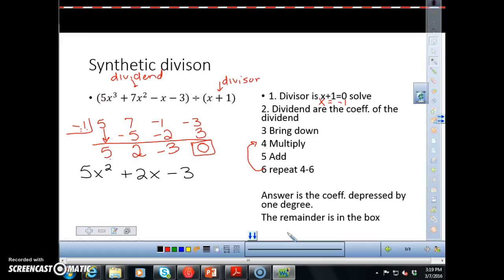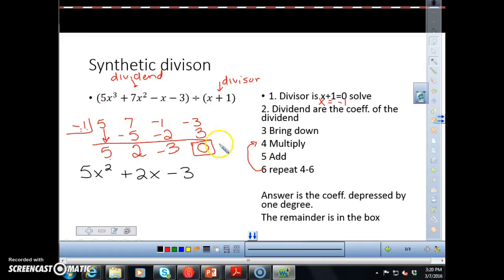This is from the quotient. If it starts at 3, then this is now 2. It goes down by 1 degree every time. The 0 is the remainder, so I don't have to write down the remainder of 0.